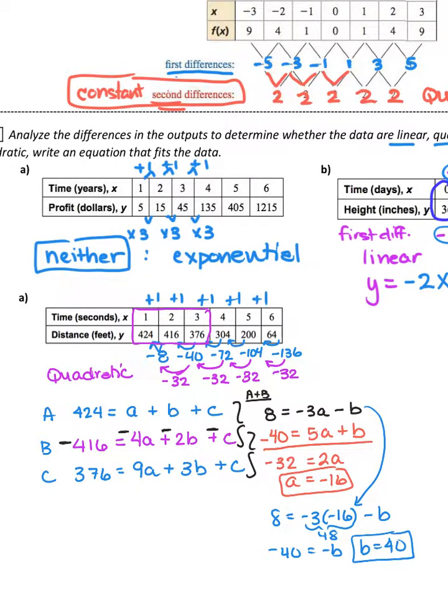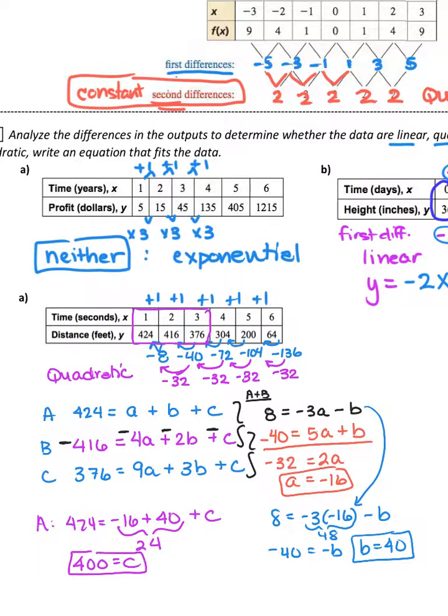And now to solve for c, we can go back to our equation a, which says 424 equals -16 plus 40, plugging in for a and b, and solve for c. So this actually simplifies out to 24. So if I subtract 24 from both sides, I get c equals 400.